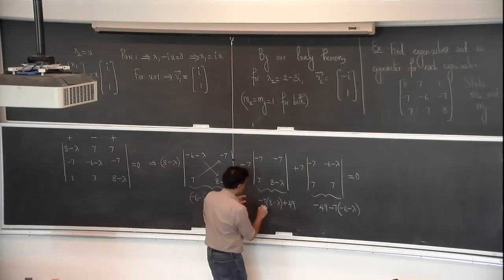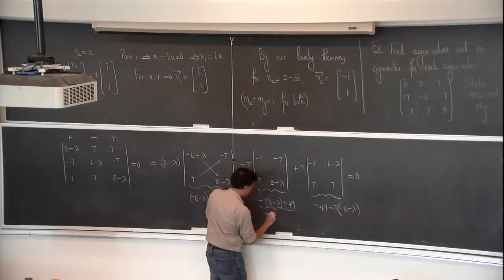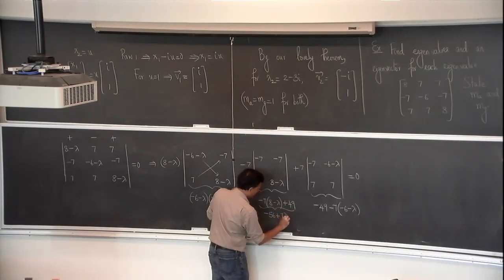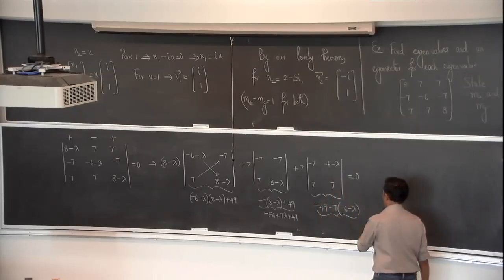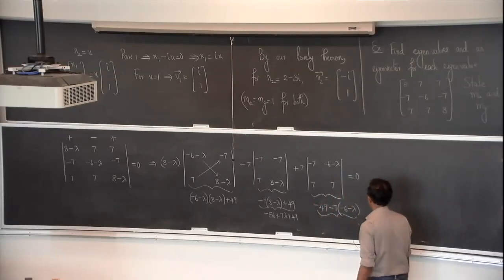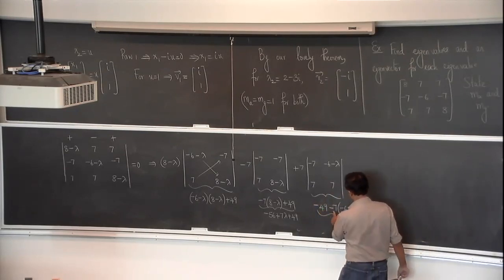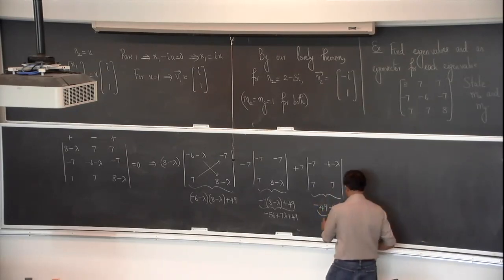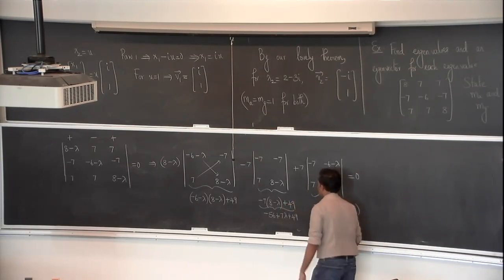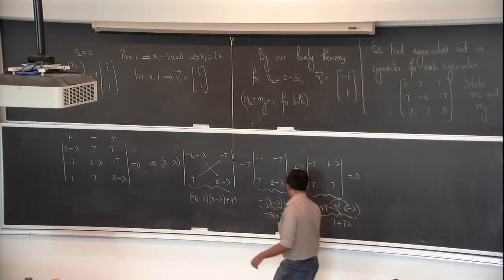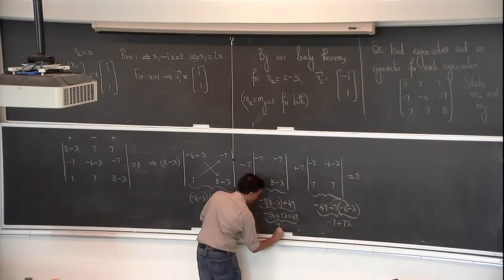So this would be negative 56 plus 7 lambda plus 49, and this would be negative 49 plus 42. That is going to be negative 7, and then we have plus 7 lambda, and this is 7 lambda minus 7.